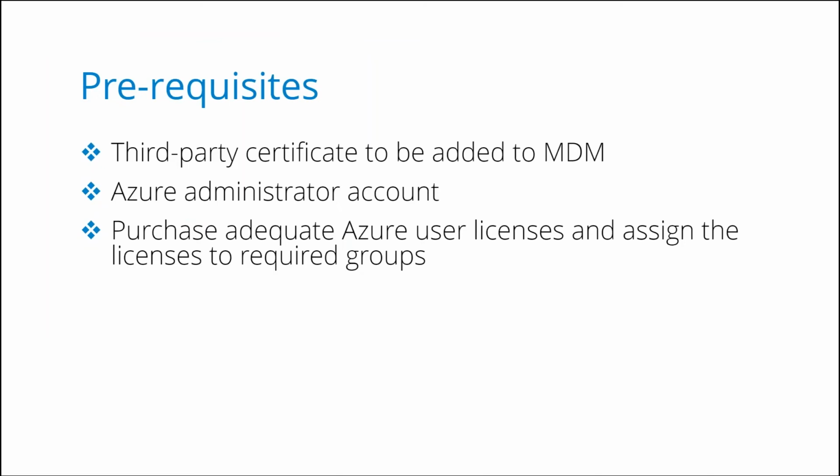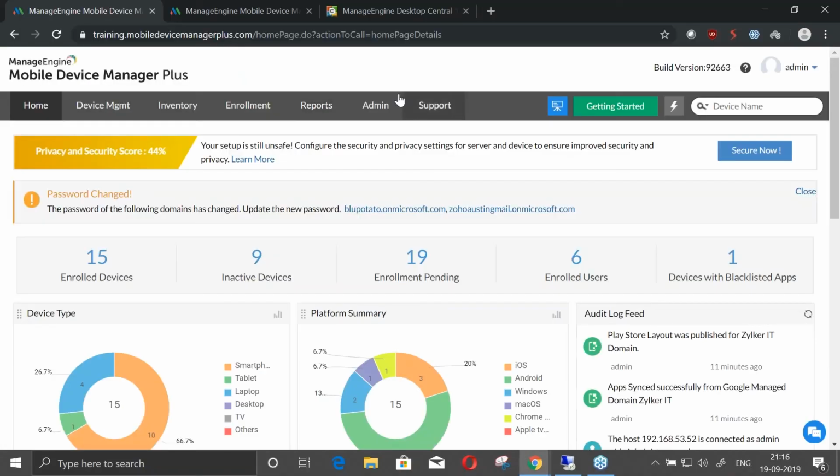There are certain prerequisites that you'd have to cover before you can start enrolling your Windows 10 laptops into the MDM solution through the Azure Autopilot service. First, you would require a third-party SSL certificate to be added under the admin tab over here.